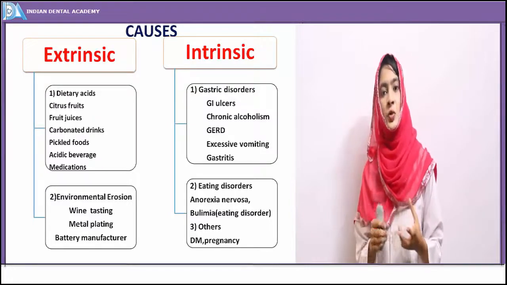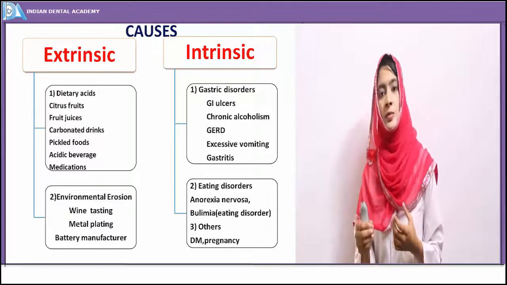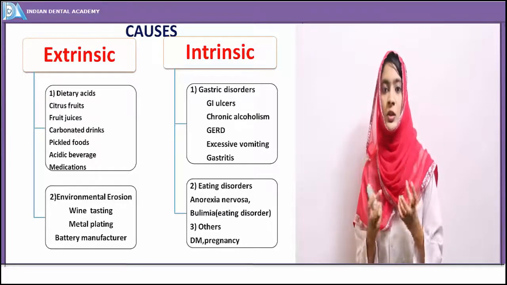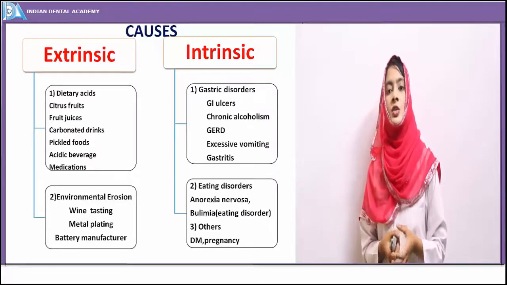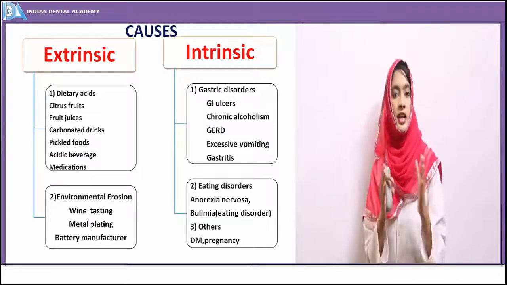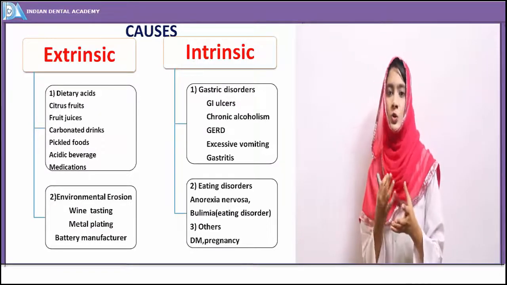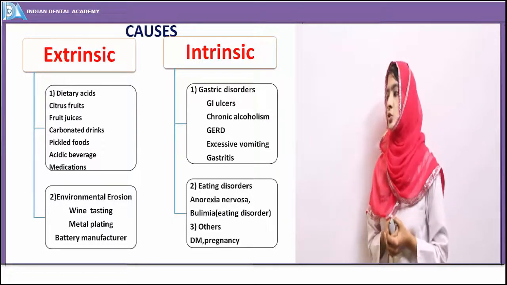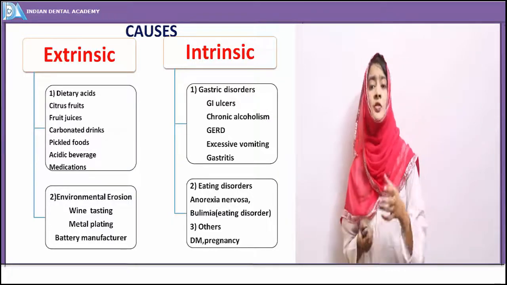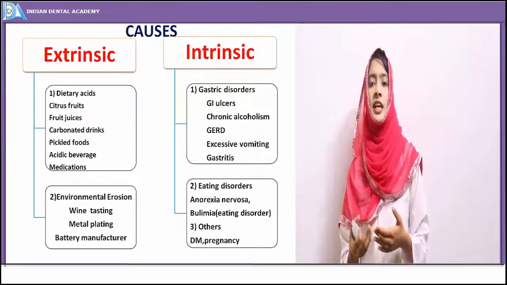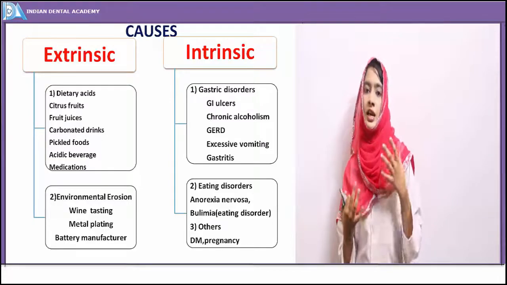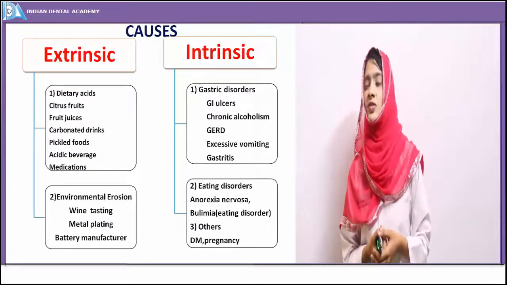And a few medications, especially vitamin C supplements, are not taken orally directly. They are just chewed onto the oral surface. Whenever they are chewed, the contact between the tablet and the tooth surface leads to some amount of chemical change on the tooth surface. And a few professions like wine tasters also notice erosion of the tooth surfaces.